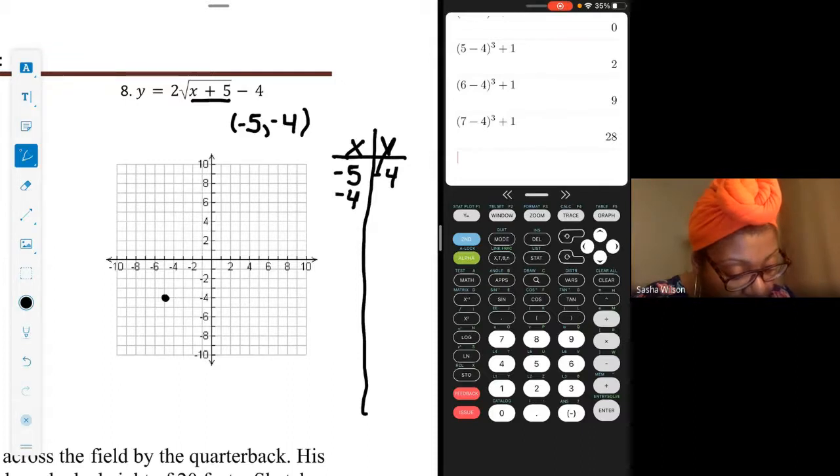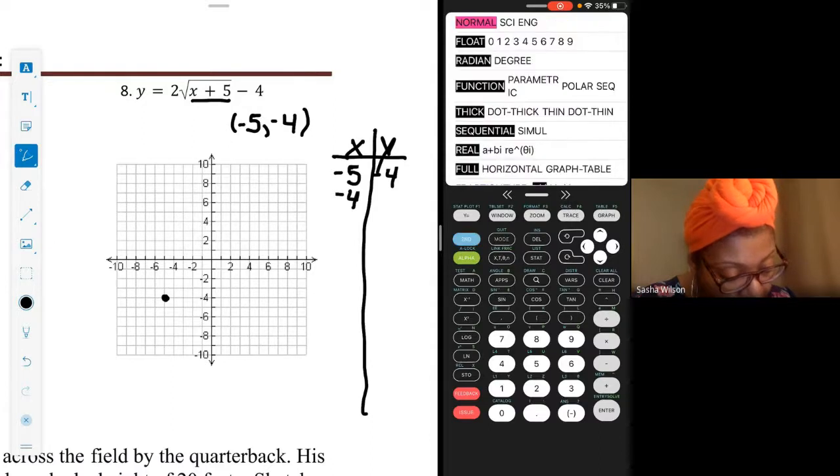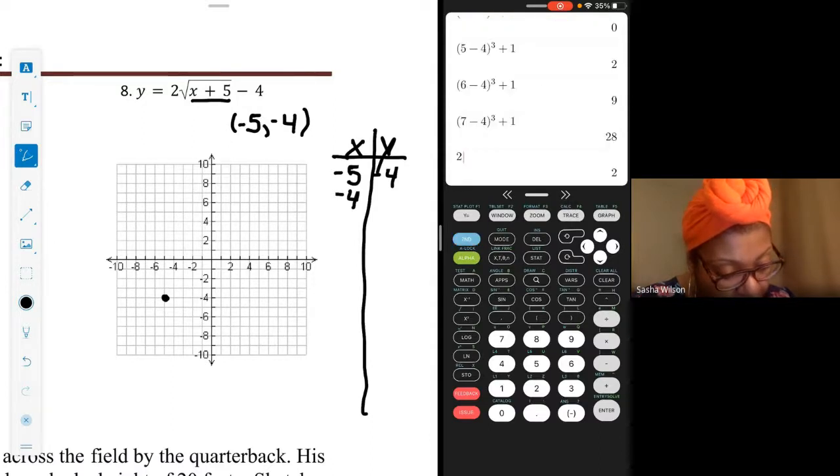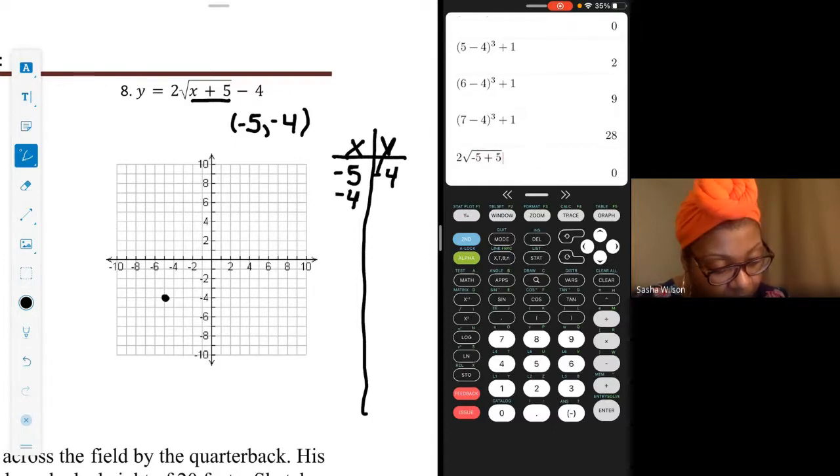So if we did a square root, right? And I plug in negative 5 plus 5, and then did negative 4, I get negative 4.